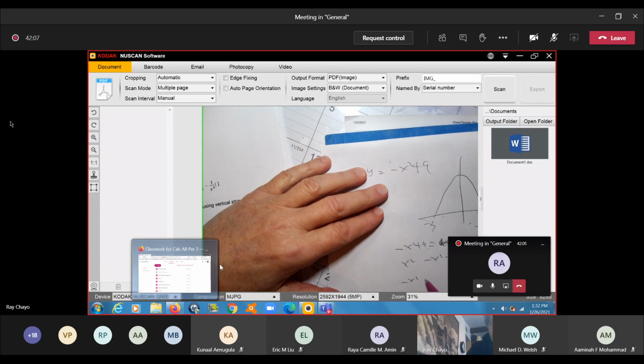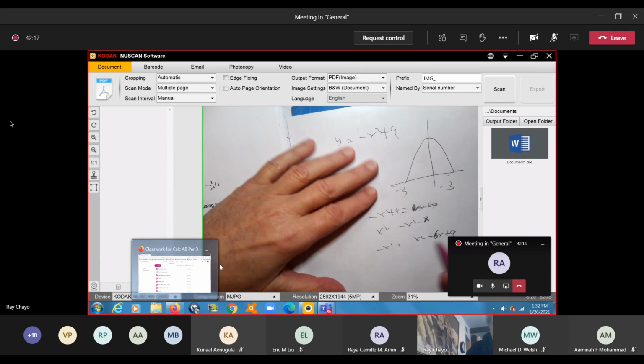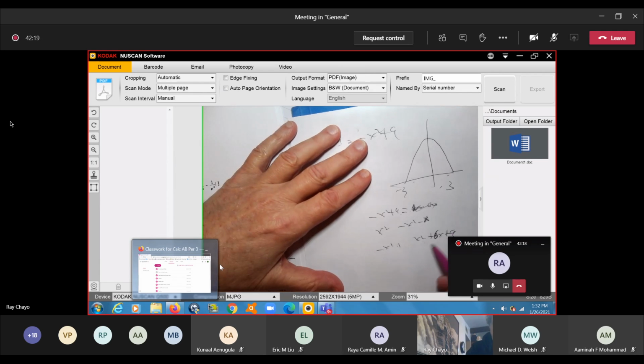If I want to get 6x minus 9, x squared plus 6x plus 9. See, I make up a polynomial and then I make a line, okay?